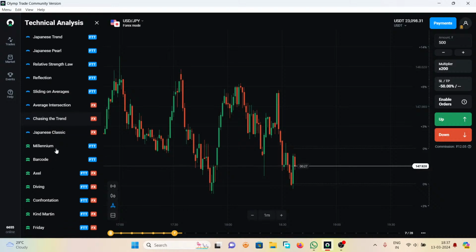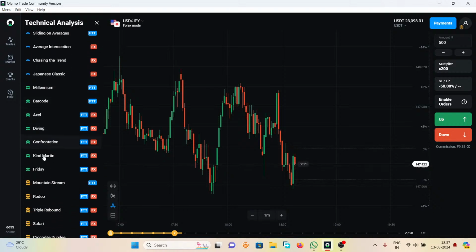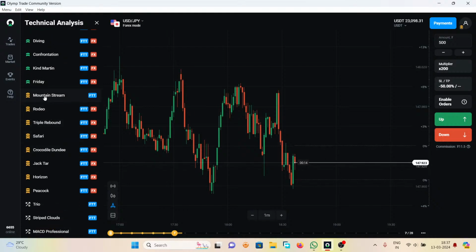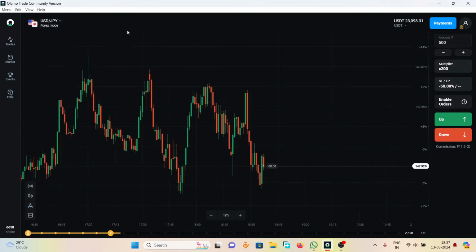If you become an advanced status holder, then you will have 7 more strategies, so the overall number of strategies is going to be 15. If you become an expert status holder, you will get 8 more strategies, so a total of 23 strategies once you become expert status, which is the most prestigious status of Olymp Trade as per the trader condition.